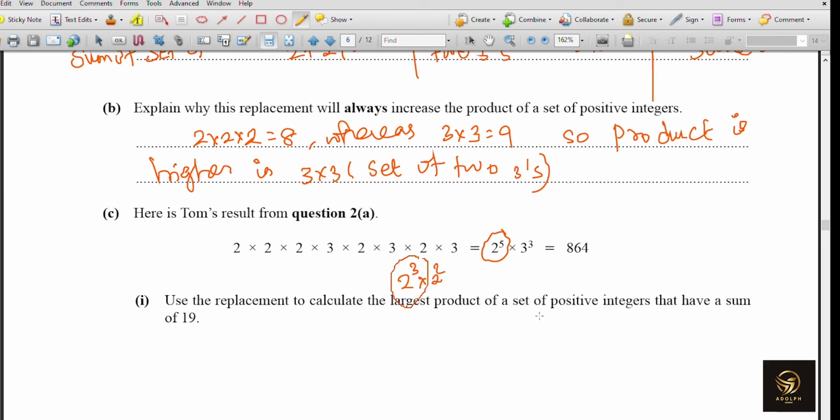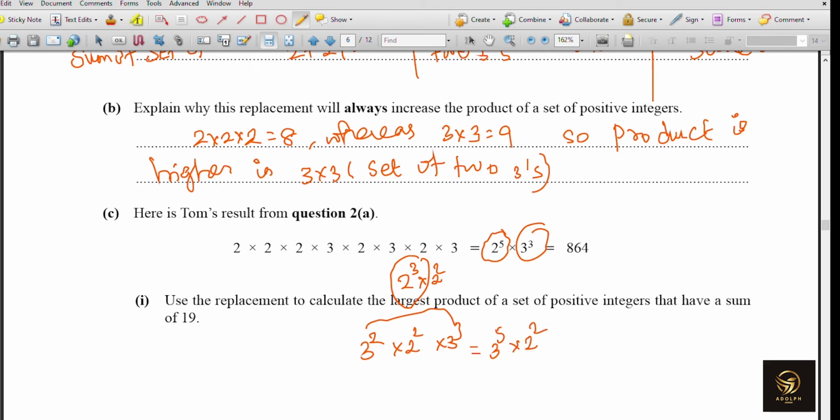So this 2 power 3 can be written as 3 power 2, so into 2 power 2 remains the same, and this 3 power 3 we can bring it here, so that how that values will get changed. It's going to be 3 power 2 and 3. This we can combine, and we can write as 3 power 5 into 2 power 2 is the value.